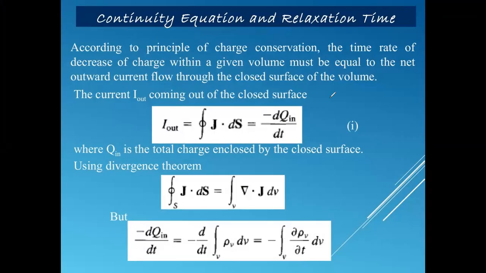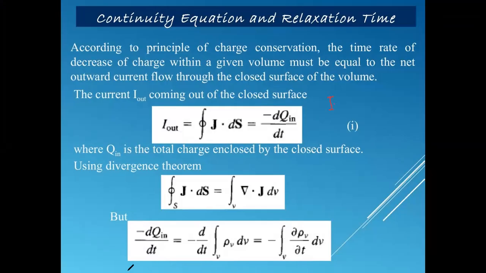This current flows in the circuit or flows over a surface. So generally we don't deal with the current directly. So we define one more term that is called current density. What is the current density?